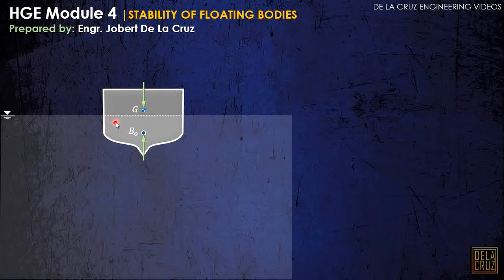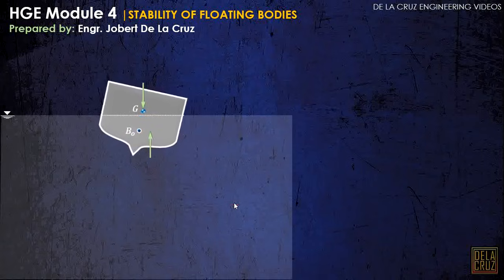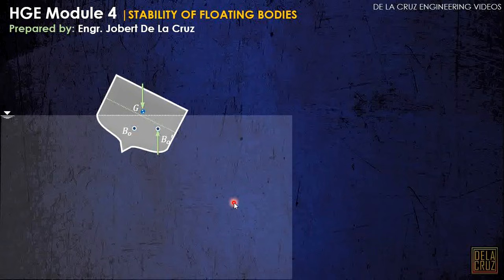Okay, and it will be acting to the centroid of the submerged body. Okay, and that is denoted as BO. So ito yung mga iti-take note natin na mga notes or notation.